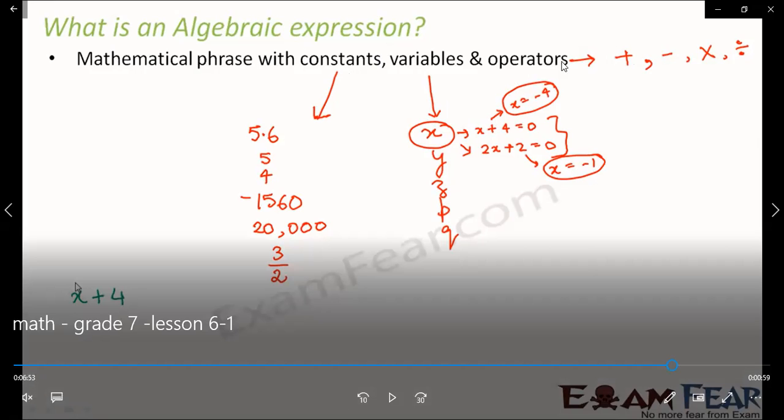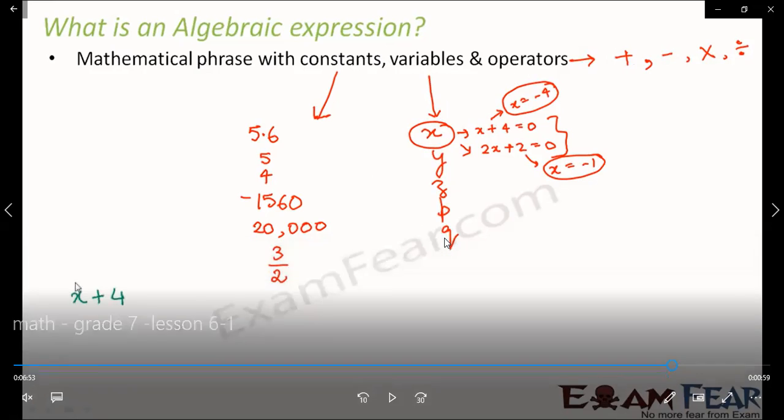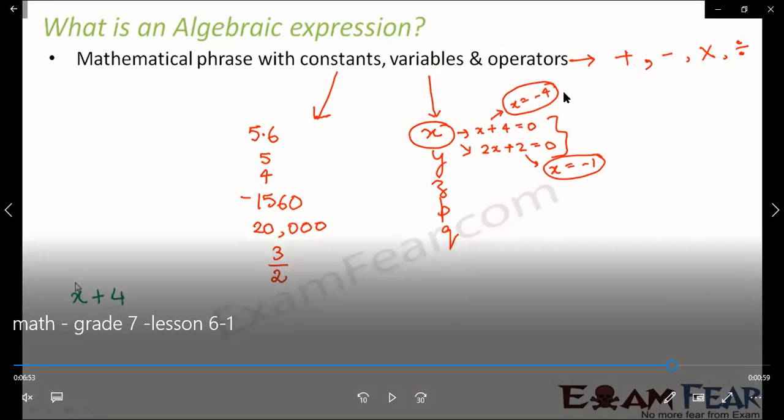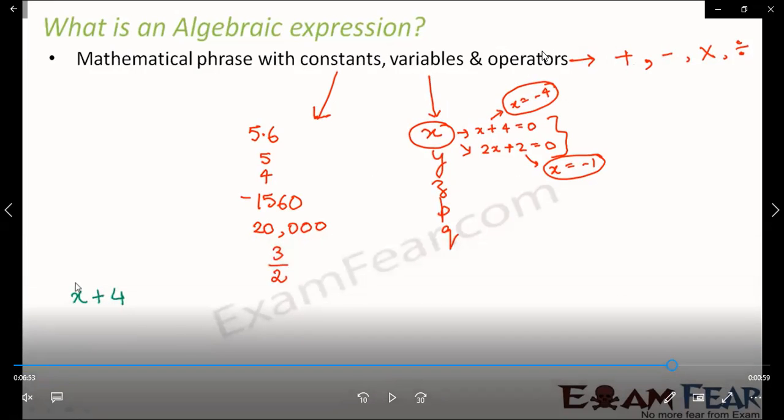So we have to know the difference between constant, which we said is just numbers without any variables. Second, variables, which is an unknown variable, any English letter, but this one we have to find its value. Operates, these are the four main operations: addition, subtraction, multiplication, and division.